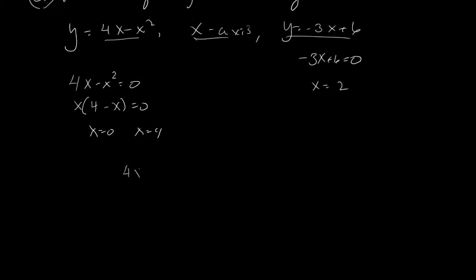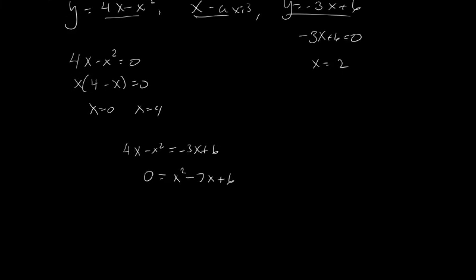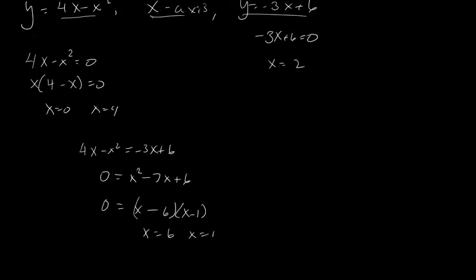We've got 4x minus x squared is equal to negative 3x plus 6. So let's get all this on one side. Okay, so that'll factor nicely. So x equal to 6 and x equal to 1 is where they're going to intersect. So now that we have all that information, we can sketch this region.